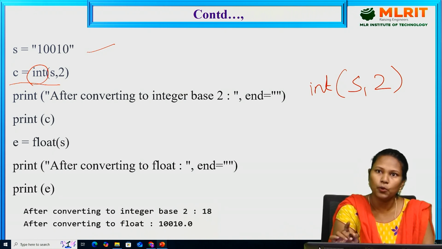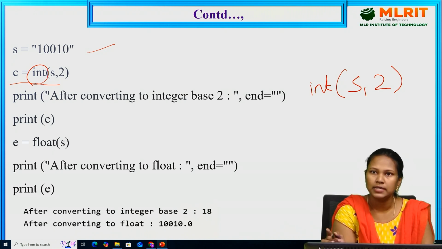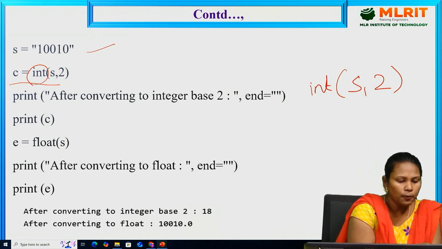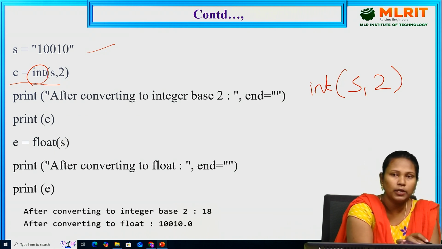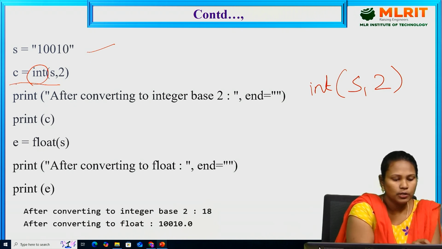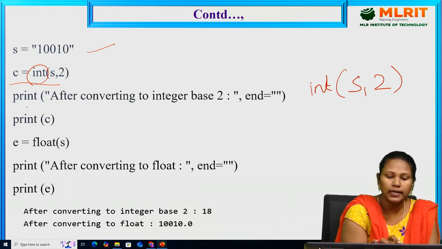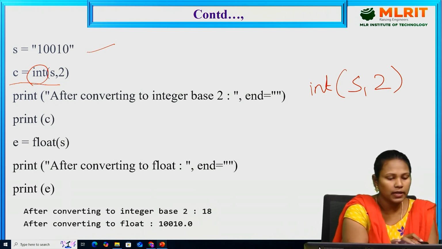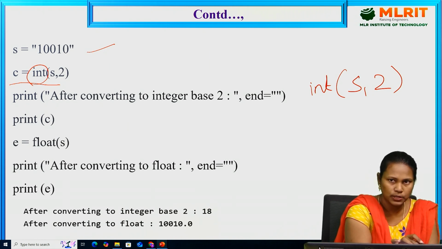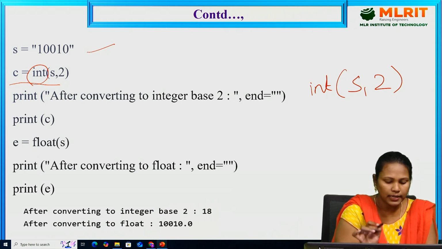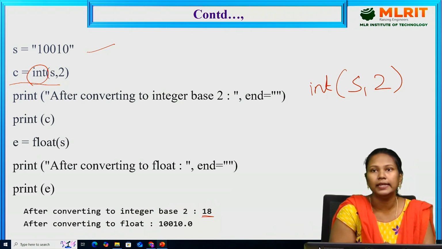The value is in binary format. Binary means only two values, ones and zeros. It is a combination of ones and zeros only. Now I am converting the s value to the integer type, and the integer value is stored in c. So print after converting to integer, base 2. Here we are converting the string value 10010 to the integer, so the value is 18.